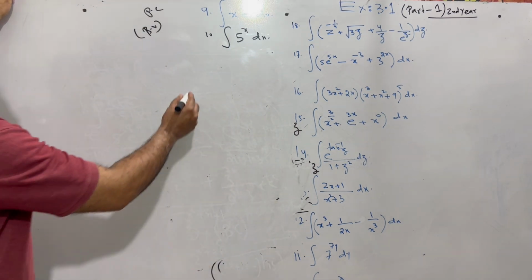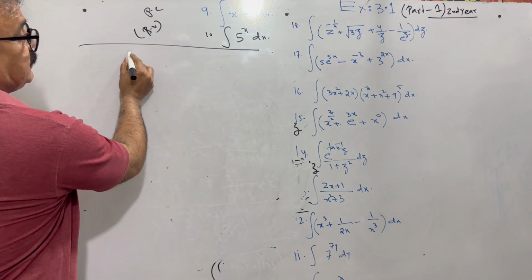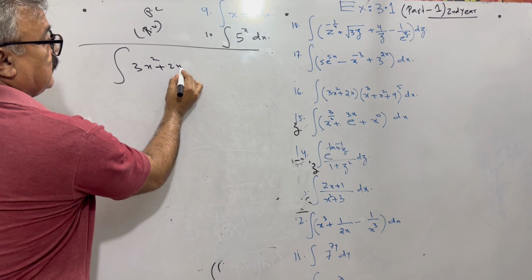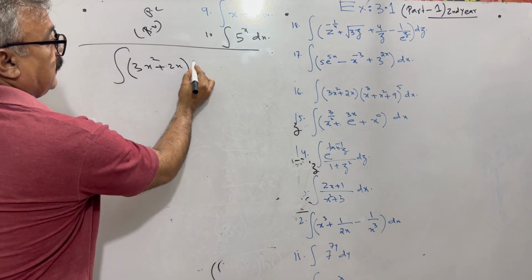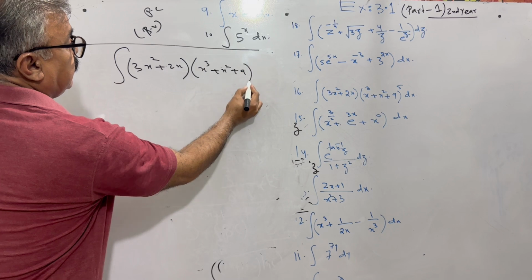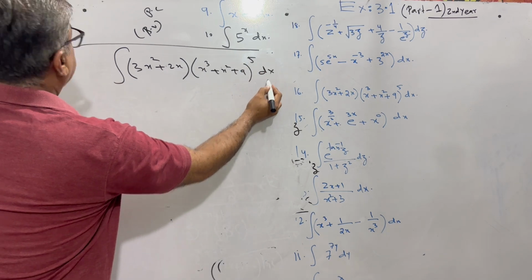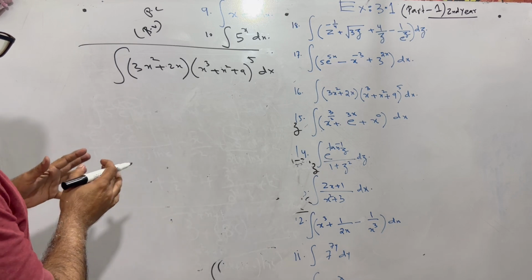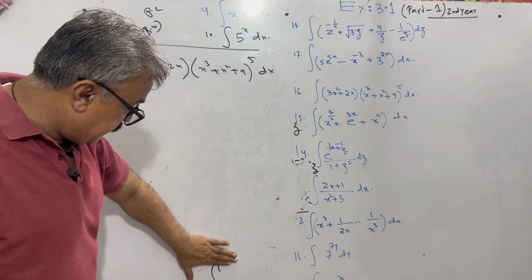Look at this. Question number 18: integral of 3x square plus 2x over x cube plus x square plus 9, all raised to 5, dx. Here our horizon expands.